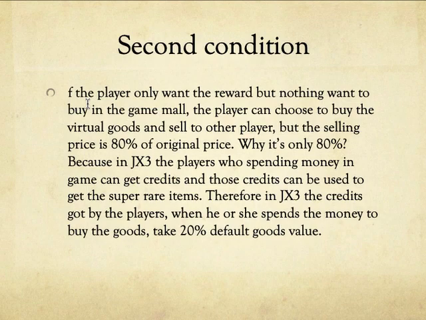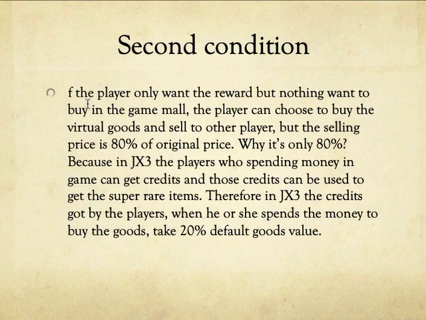You spend money, you get the credit, and those credits can be accumulated to exchange for some very rare equipment or items. In the common sense of the players, the credits are 20% of the goods. So the selling price is only 80% of the original price because the player who bought the virtual goods has gotten the credit.